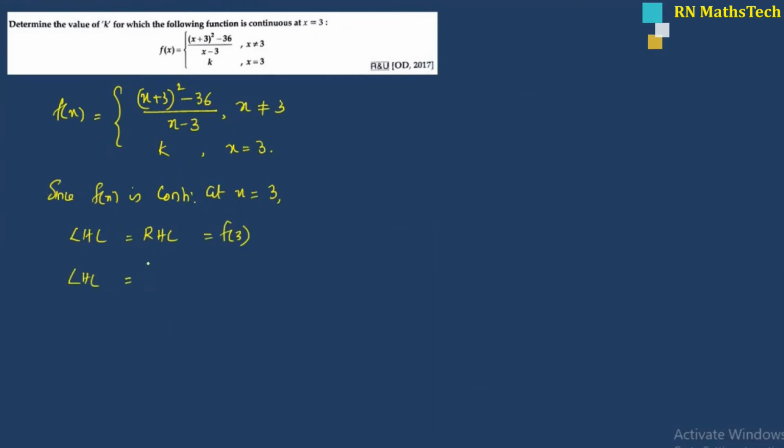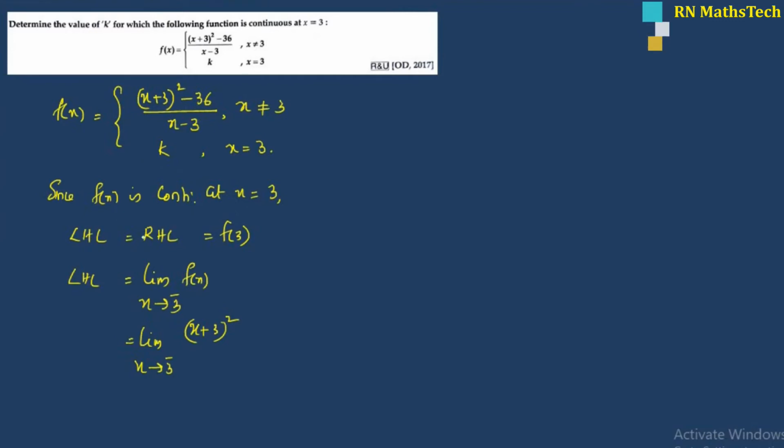Now left hand limit equal to limit x tends to 3 minus f of x, that's equal to limit x tends to 3 minus, function value is x plus 3 the whole square minus 36 by x minus 3.